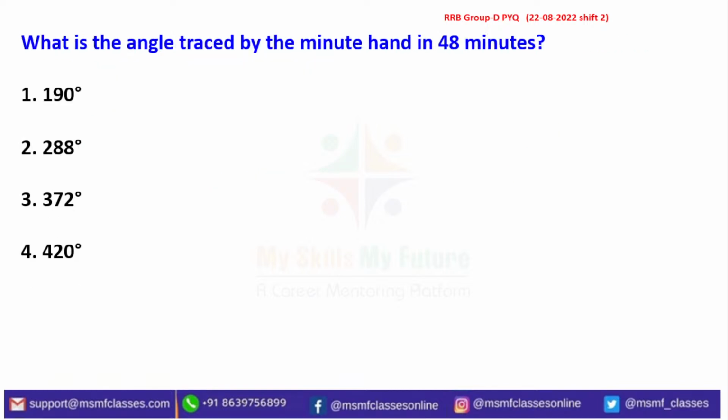Right. See the question. What is the angle traced by the minute hand in 48 minutes? In a previous live session, one question was asked about the angle traced by the hour hand. Here, what is the angle traced by the minute hand in 48 minutes?